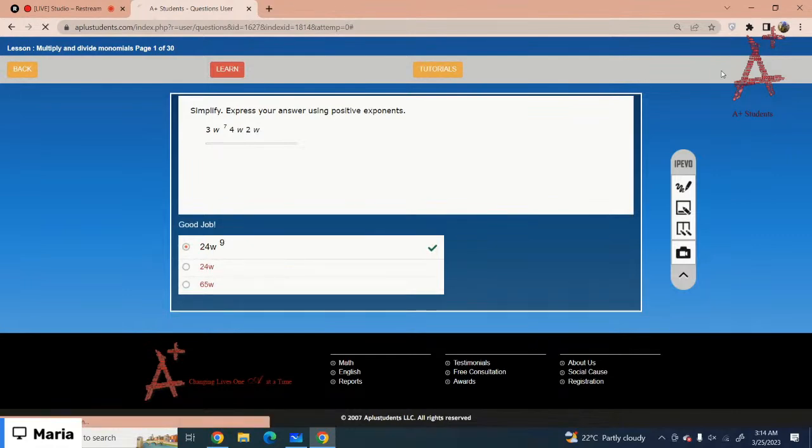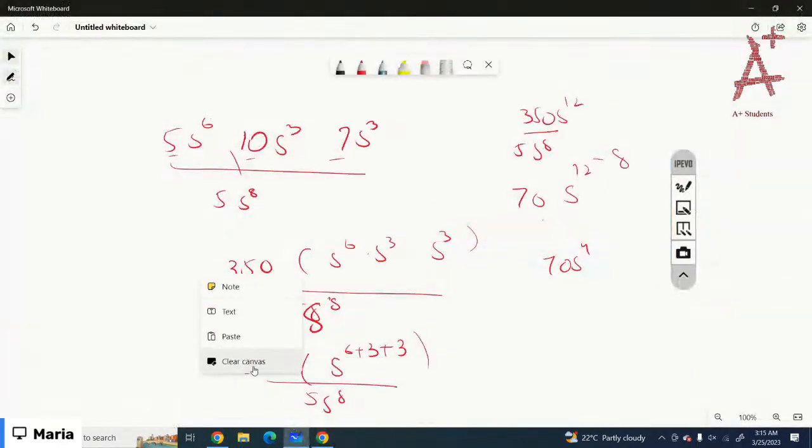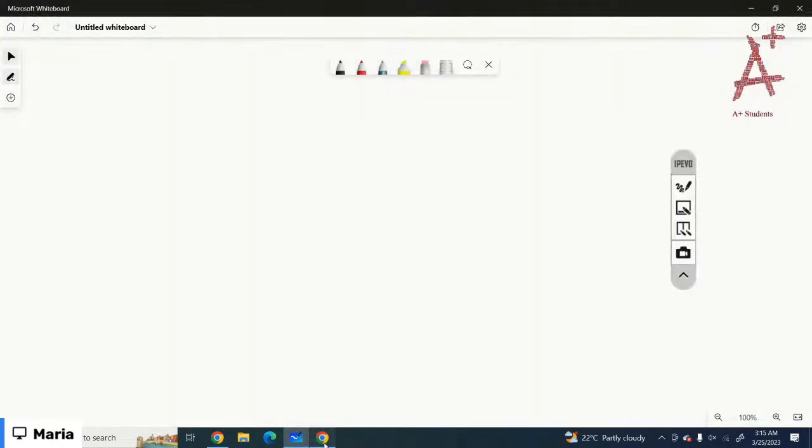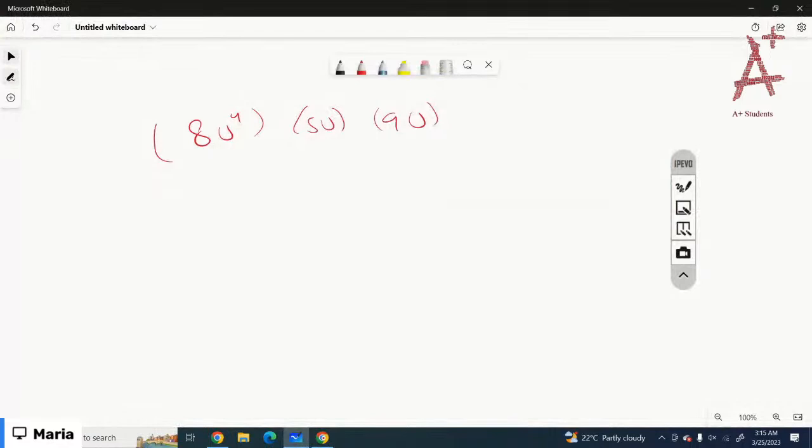Okay, the next one is simplify 8u4, 5u and 9u. Let me just write it down on the board. You have to multiply all the coefficients. 8 times 5 is 40 and 40 times 9 is 360.